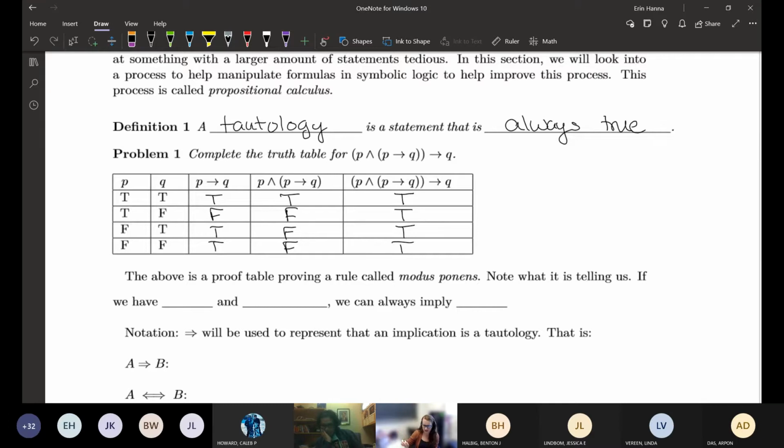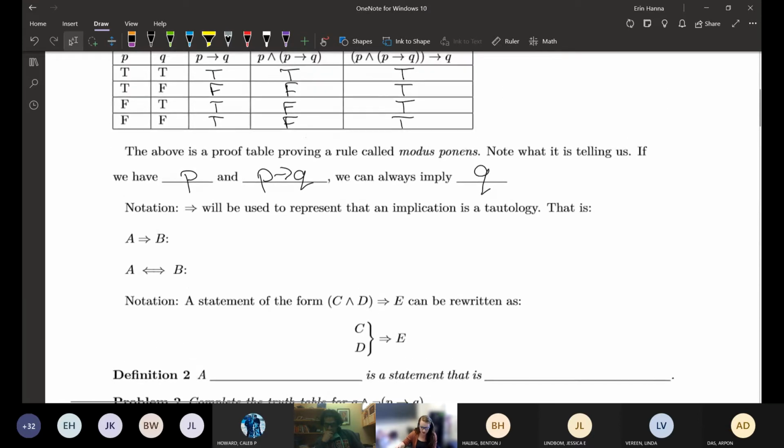It's essentially telling us that if we have P and P implies Q, so that's coming from this first bit, what we can always imply from that is Q. And what I mean by imply is, if the two of these in the front are true, we can always imply that the Q is true, okay?